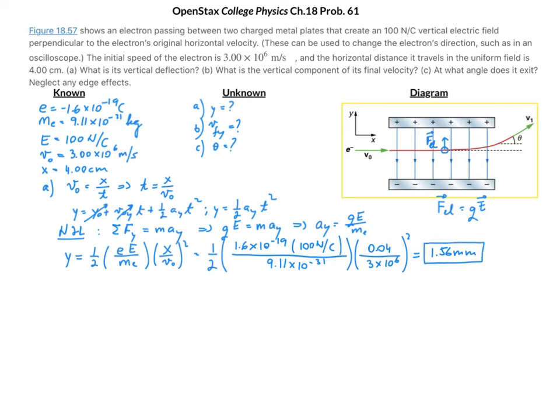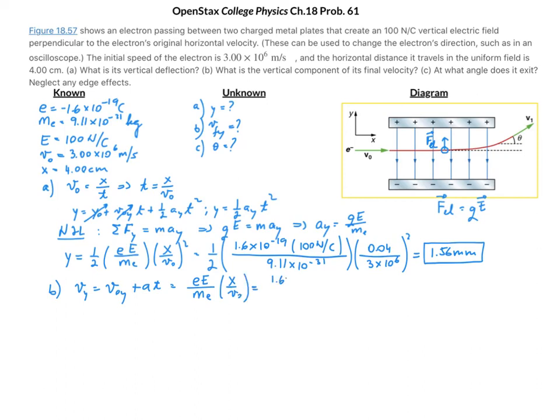Now, in part B, we're looking for the final velocity in the y direction. So we can use another kinematic equation. We'll say v y equals v naught y plus a t. And we know that v naught y is 0, so this leaves us with the acceleration in the y direction, which was E times the charge divided by the mass of the electron, times time, which was x over v naught.